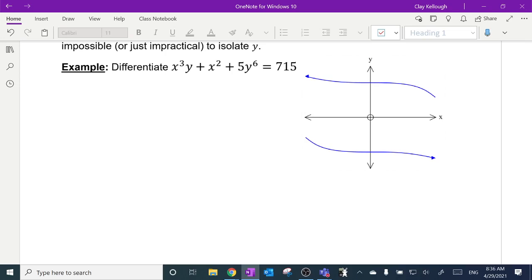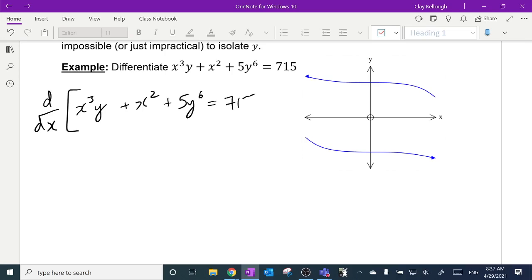But with implicit differentiation, again, I'm going to do the derivative of this entire relation. And as long as I know my chain rule and my product rule, it's actually not that hard. Okay, so we're going to do the derivative of this thing.